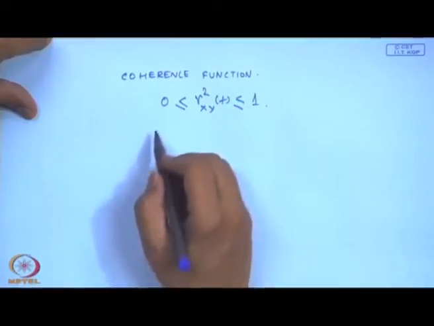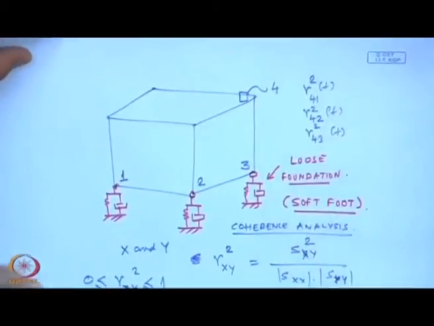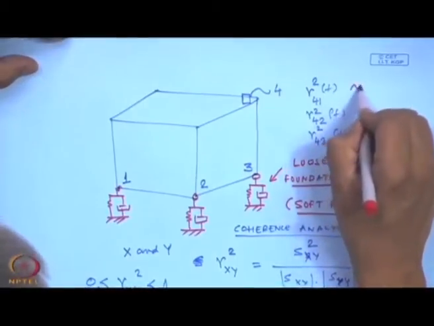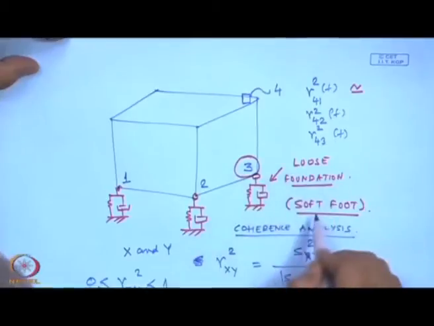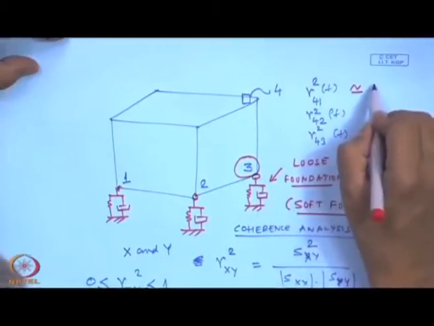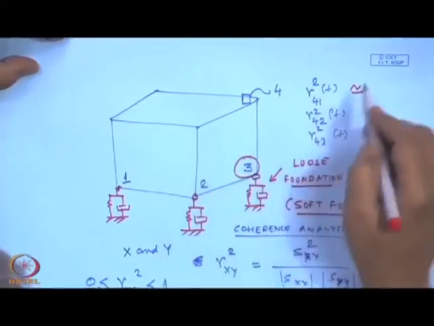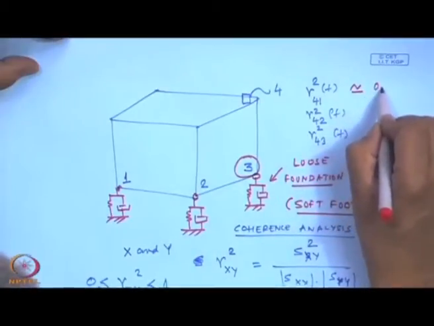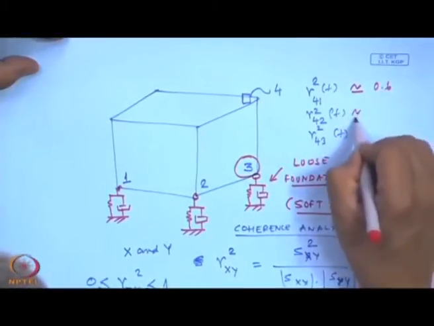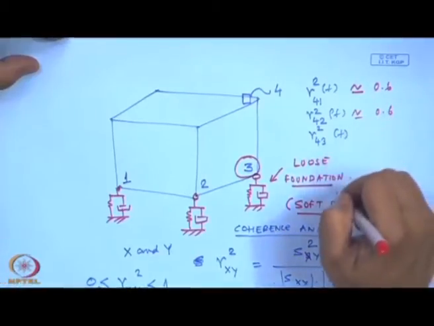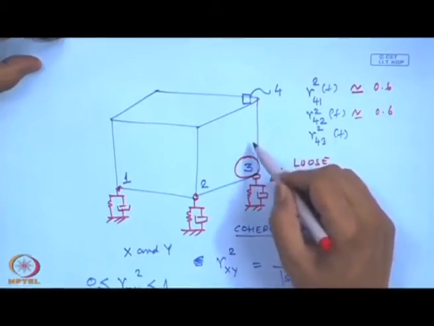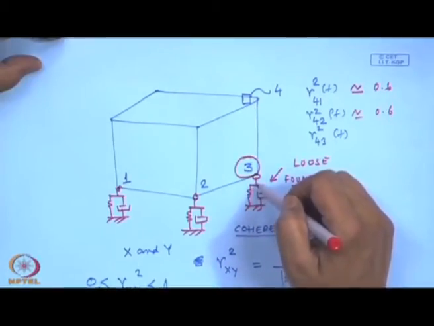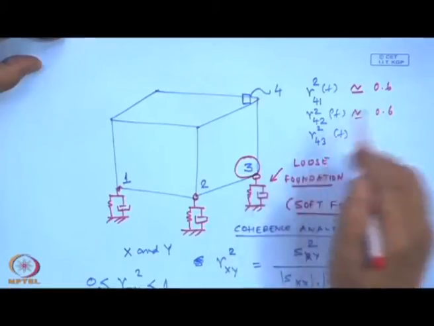So, when I measure the coherence, okay, you will see, if this is loose, for example number 3 is loose or having a soft foot, the coherence could be very low, maybe 0.5 or 0.6, and you will see that the vibrations at 3 are nowhere related to 4, because they are not connected to the system.